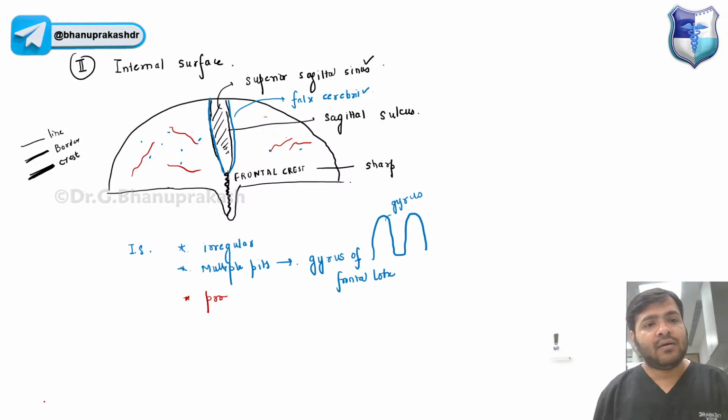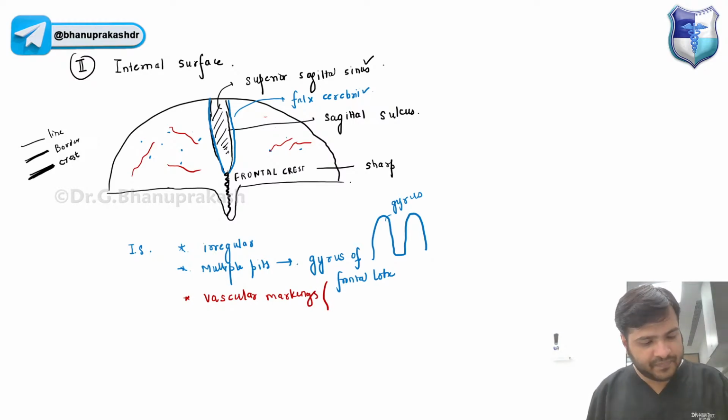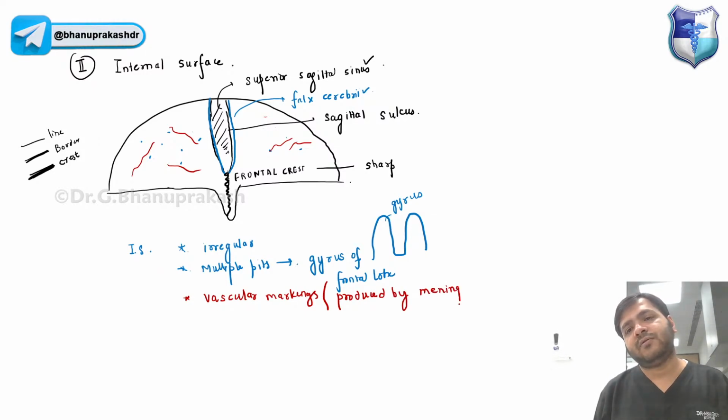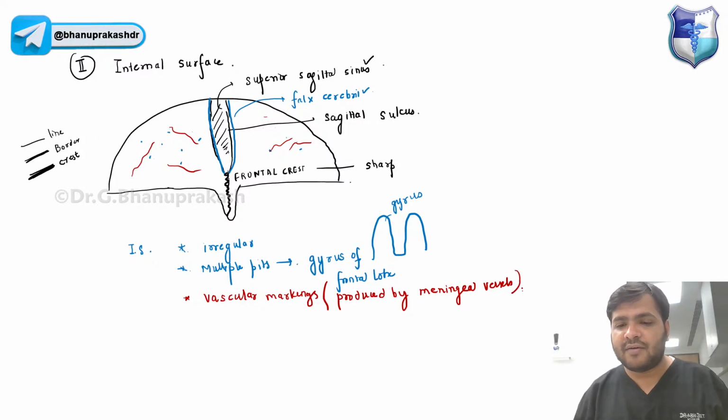These are called vascular markings, and remember, this is produced by meningeal vessels, जो meningeal arteries होती है, meningeal veins होती है. उनकी वजह से ये produce होता है. That is something you have to remember over here.